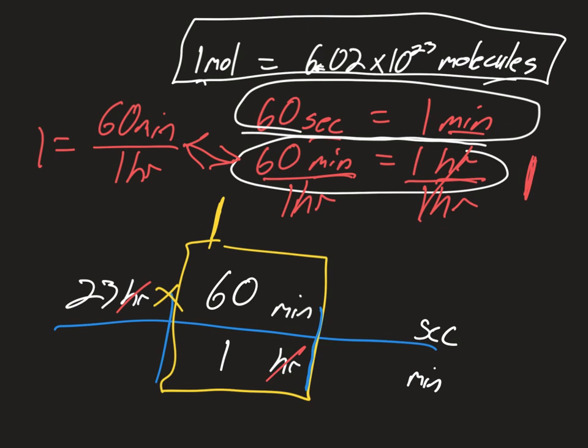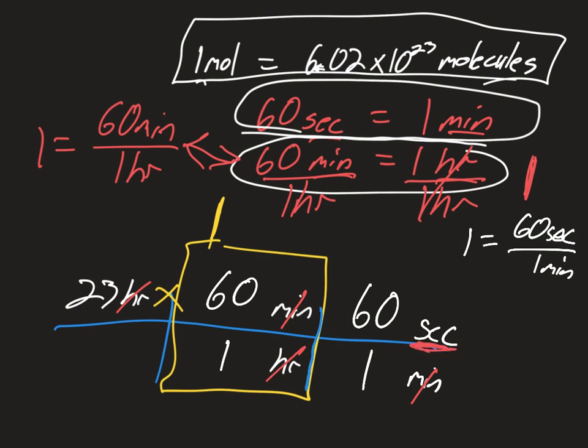If I want minutes on the bottom, I'm just going to divide both sides by minutes, and I'm basically going to get that 1 is equal to 60 seconds divided by 1 minute. That is a statement of 1. So I can now write in 60 seconds over 1 minute, and look what happens here. Our minutes cancel out, and we're left with just seconds as our overall unit, or our dimension. Thus they call this dimensional analysis.